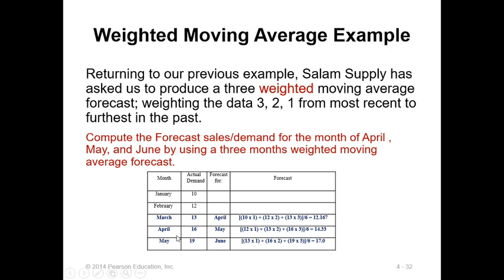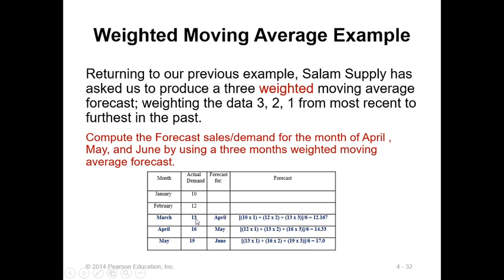For example, to explain it further, if we want to forecast the demand for the month of April, as we can see here, then with the 3 weighted moving averages, it's given that the weight of the previous month is 3.